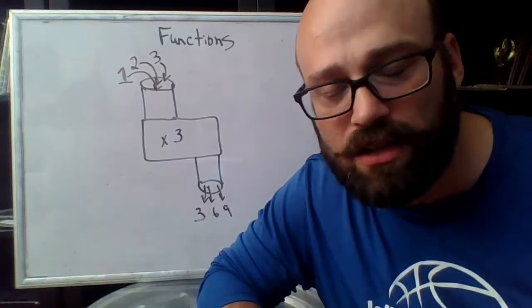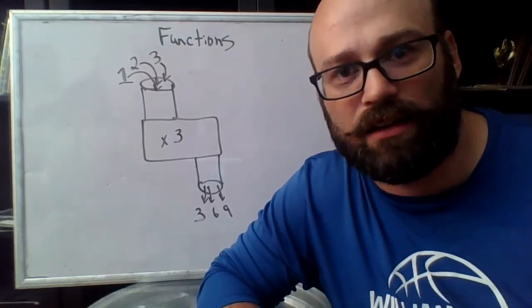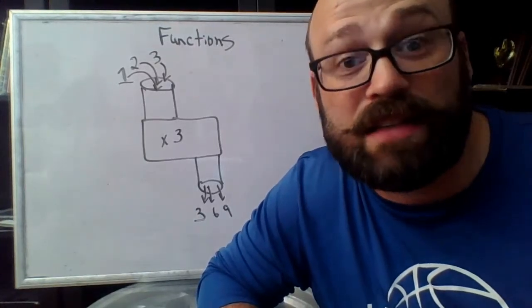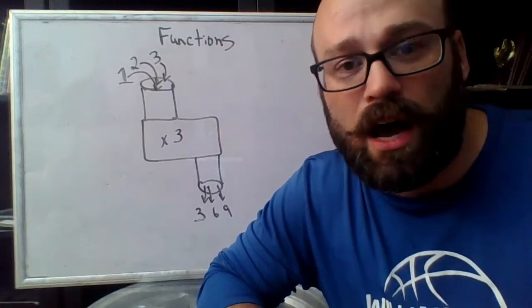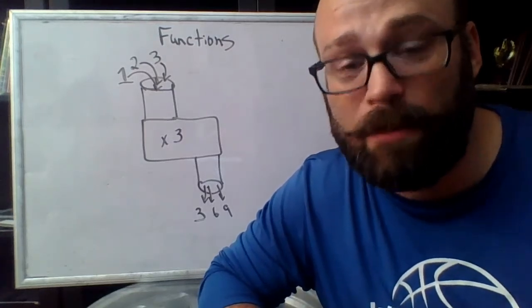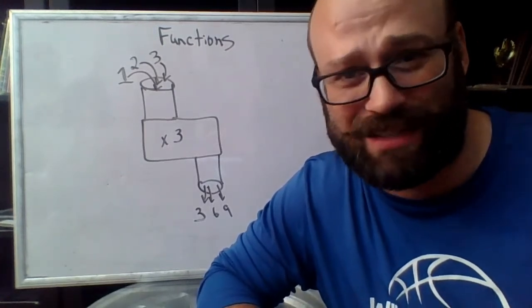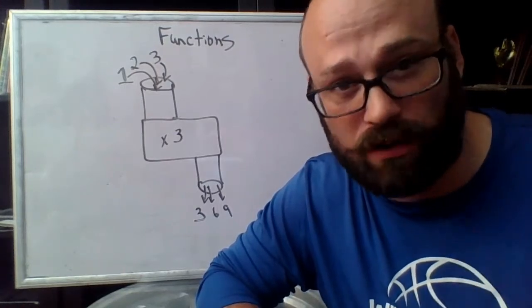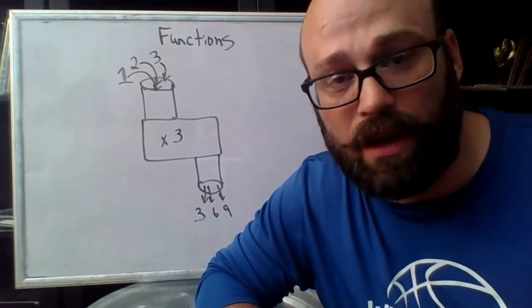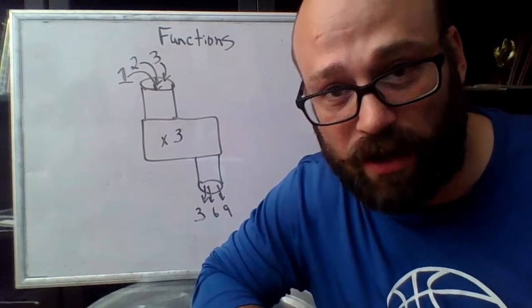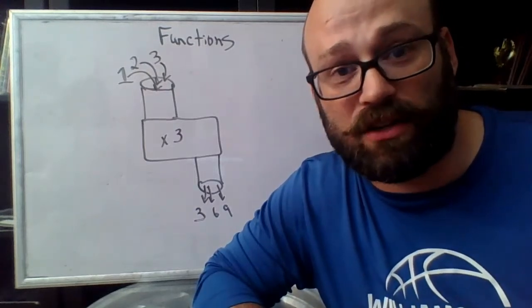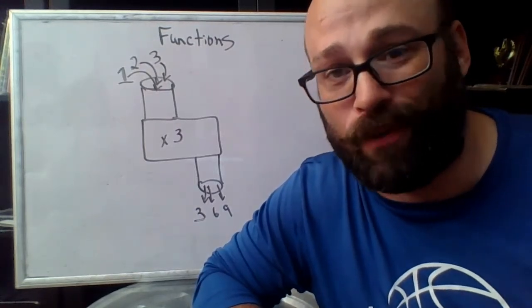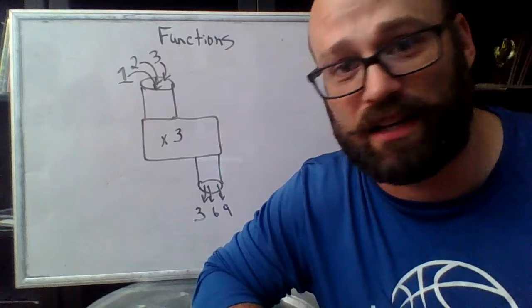You plug something in, you get something out, and it may sometimes even be the exact same number. But every input has its own output. That's a key thing right here. Every input has its own and only one output. Now the outputs can all be the same. That's all right, but every single input has its own output. That's a very important key thing to understand here.